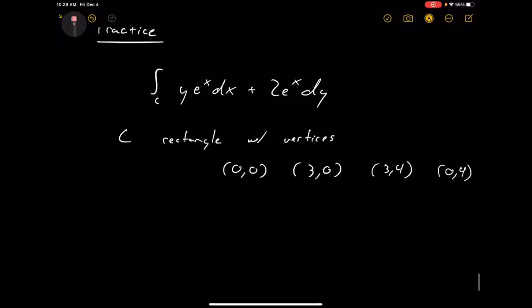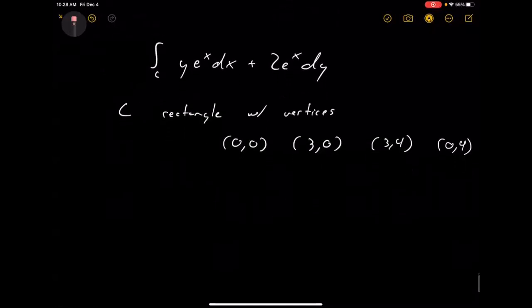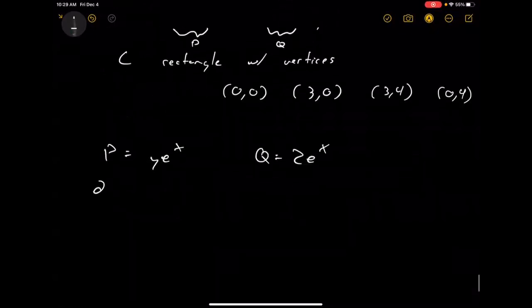Okay. So we have y e to the x dx plus 2 e to the x dy, where C, our curve, is the rectangle with these vertices. Okay. So first of all, what's our P? That's our P. What's our Q? That's our Q. So P equals y e to the x. Q equals 2 e to the x. What's our dou P over dou y?